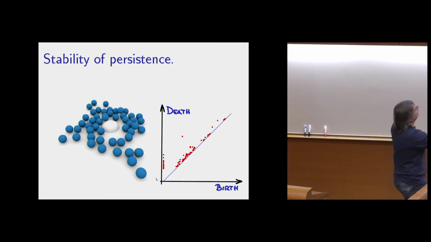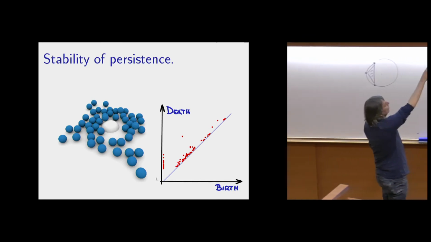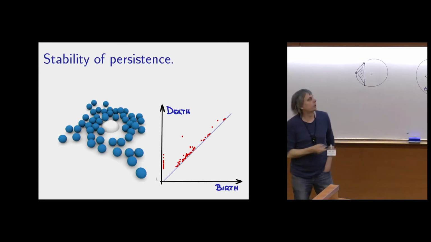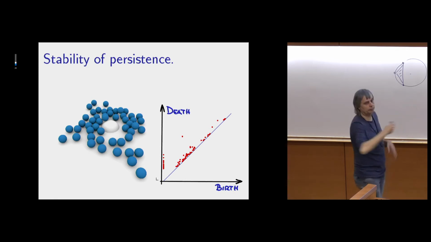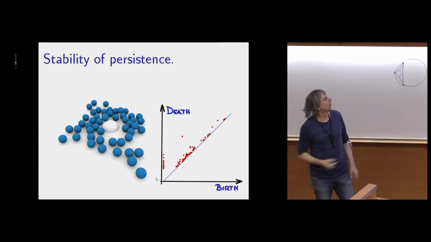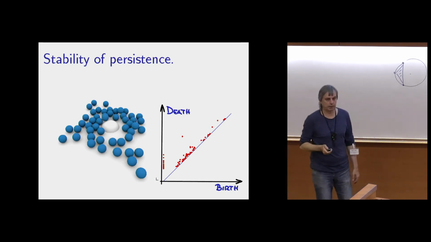Oh, I should correct myself. This is the zero and the first Betti numbers. So the zero Betti numbers is this line of points. They're all born at zero because every point wakes up at radius zero, and then this shows you the sequence of merges until everything is connected. The other points are the loops. I don't show the voids.